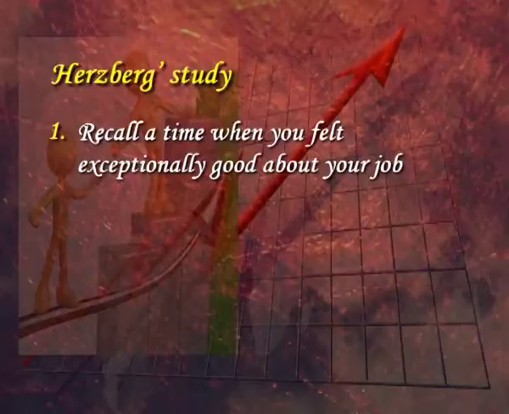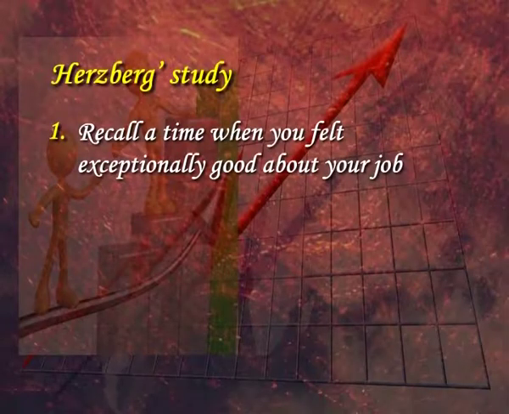Herzberg's study consisted of a series of interviews that sought to elicit responses to the questions: First, recall a time when you felt exceptionally good about your job. Why did you feel that way about the job? Did this feeling affect your job performance in any way?